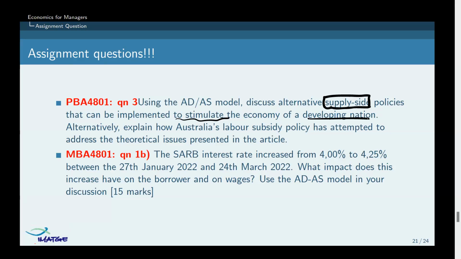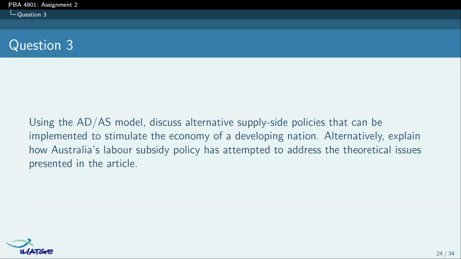Right, I'll go straight to question 3. Can you see the screen that I'm sharing now? Or you're still seeing the previous one? We're still on the previous one. Previous one. Okay, so let me stop sharing the one and then show the other one. Is it fine now? Yes, you're seeing the question.